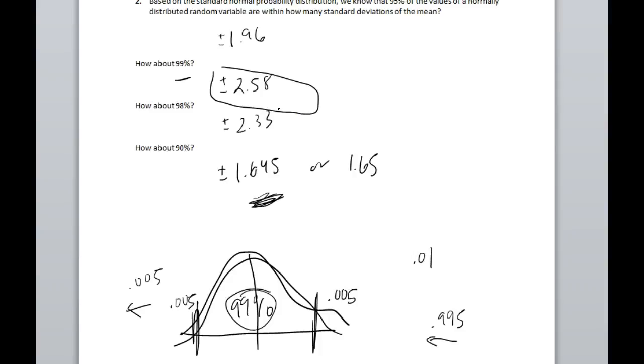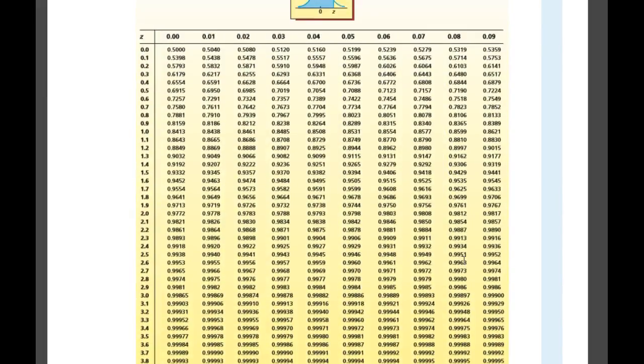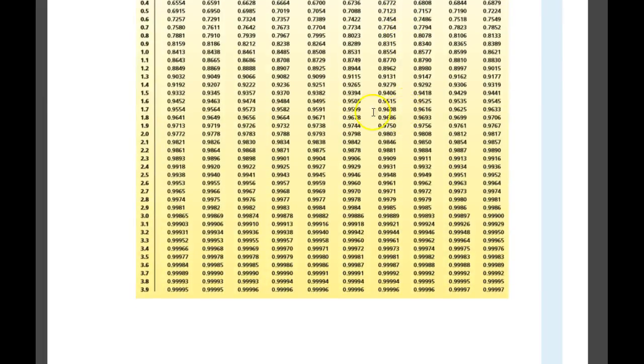Similarly, if we wanted to look at the positive version, we would look for 0.995, right? Because that only leaves 0.005 probability or area to the right of the curve. So we're looking at 0.995 to the left of the curve. If we look at the positive table, or the right side of the curve, I should say, we're looking for 0.995.